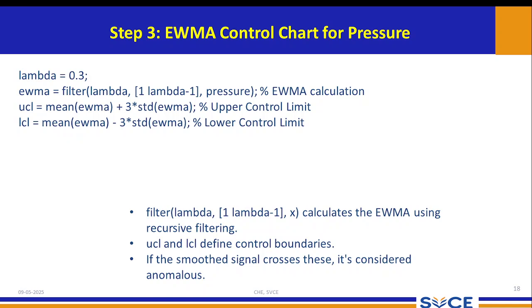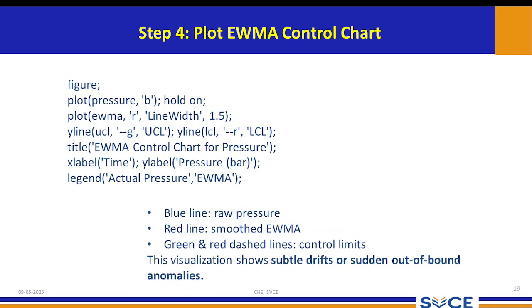By using the filter, we calculate the exponentially weighted moving average using recursive filtering. The upper control limit and lower control limit define the control boundaries. Within this range, a point is not detected as an anomaly. If it is above or below this range, obviously it will be counted as an anomaly, that is a deviation, and marked with a flag. If the smoothed series crosses this, it is considered anomalous.